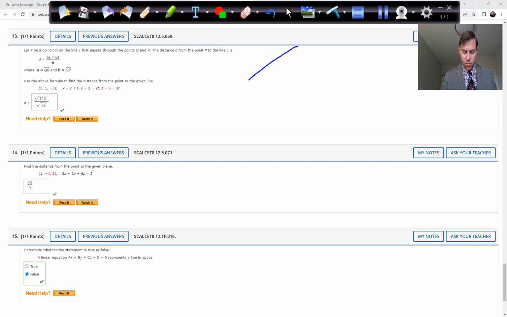We have 2 points and they form a line, and one point is Q and one point is R. And then we have some point P out here somewhere. So P is not on this line L. So this is line L from Q to R.